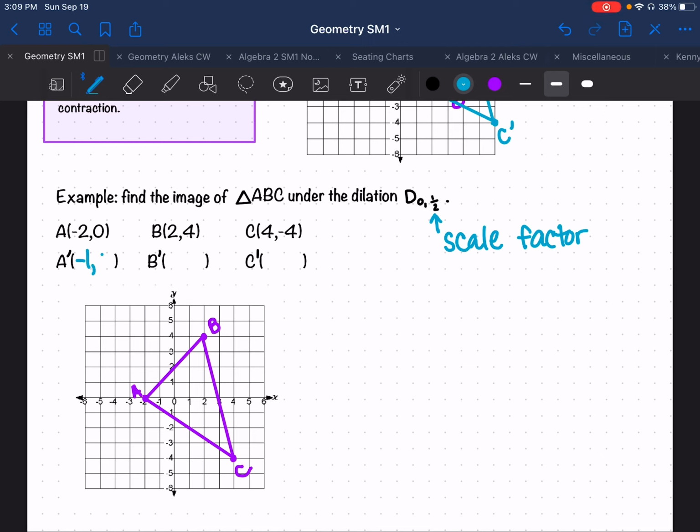That would be -1 and 0. There is A prime. 1 comma 2, there would be B prime, and 2 comma -2, there would be C prime, and they all connect into this triangle.